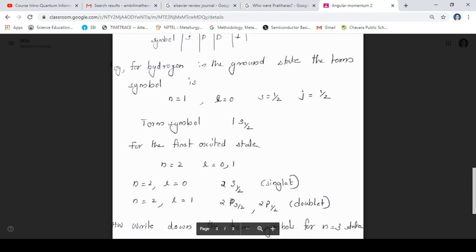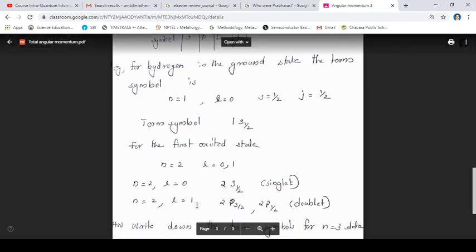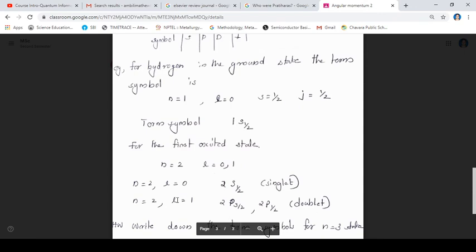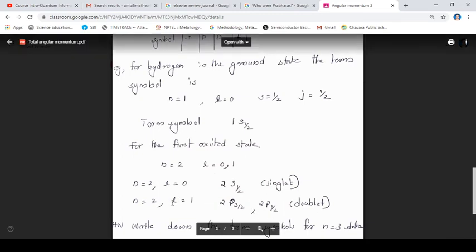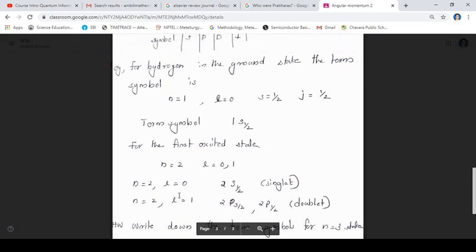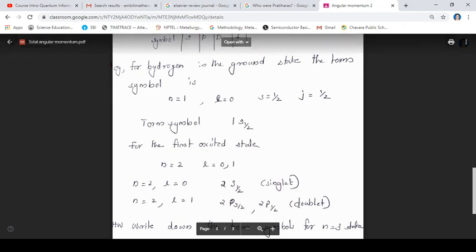Now corresponding to n equal to 2, l equal to 1, here l equal to 1 will give you the J value either 1 plus half or 1 minus half. 1 plus half gives 3 by 2 and 1 minus half gives half. That means corresponding to l equal to 1, there will be two states. One is 2p 3 by 2 and the other one is 2p half. So the state with l equal to 1 is a doublet.